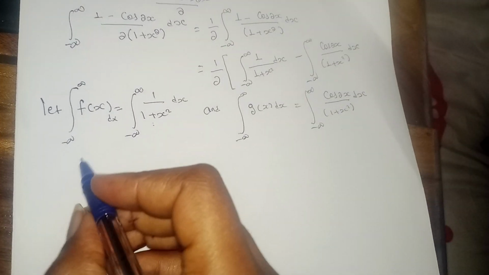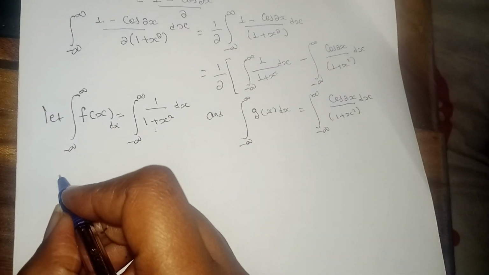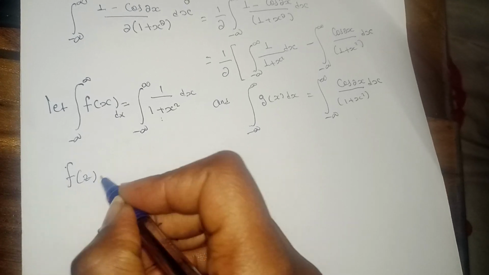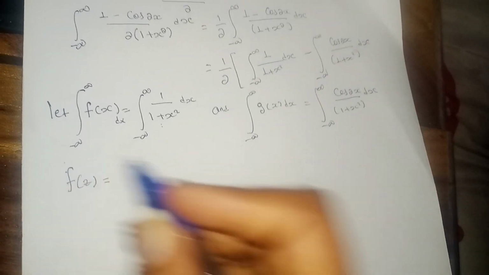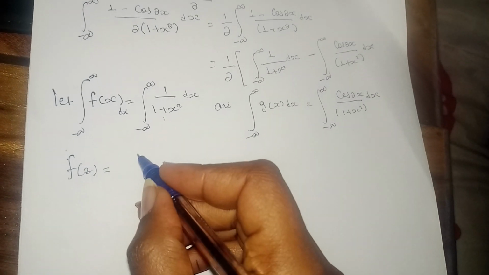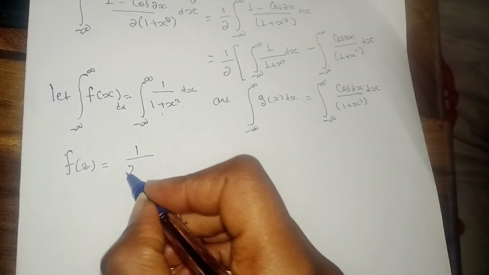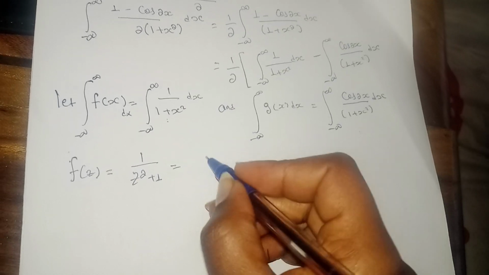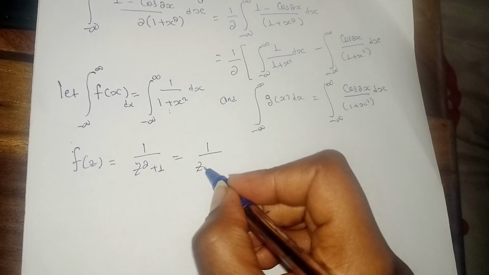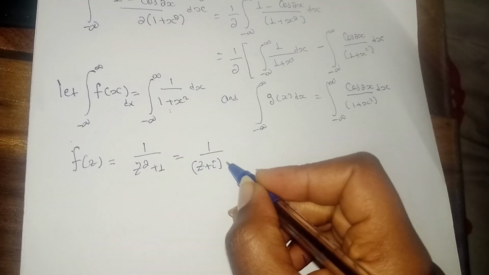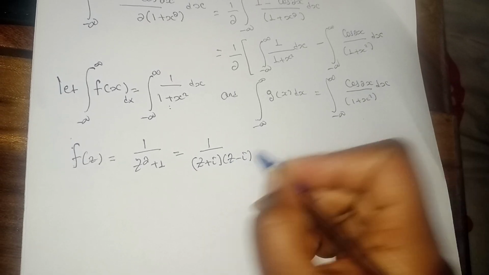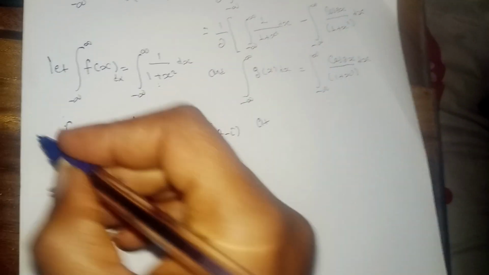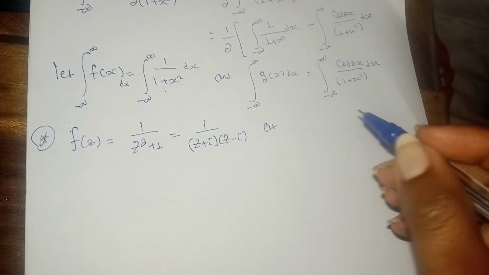So f of z becomes 1 over z squared plus 1, which can also be written as 1 over (z plus i)(z minus i). Let's call this star 1.